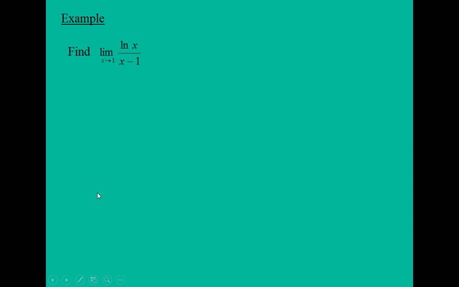Here's an example. Back to the one we looked at in the beginning of this video, we have the limit of ln of x divided by x minus 1 as x approaches 1.